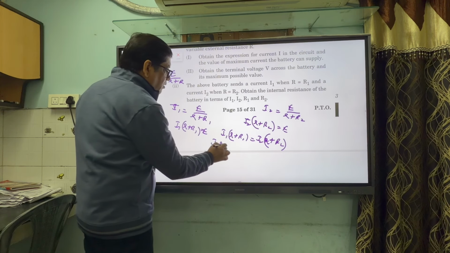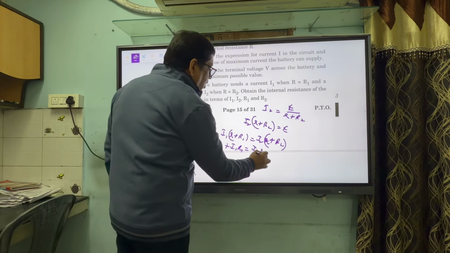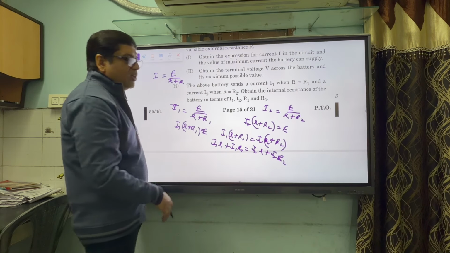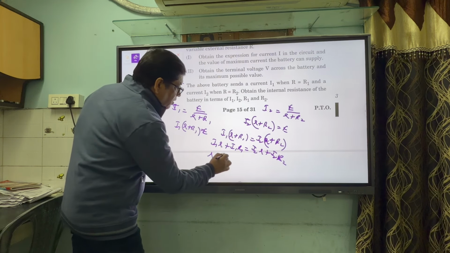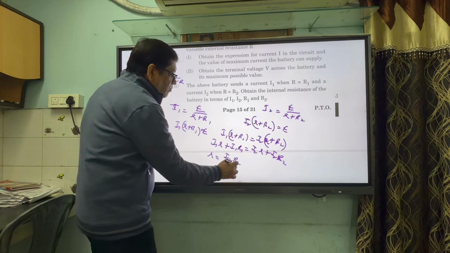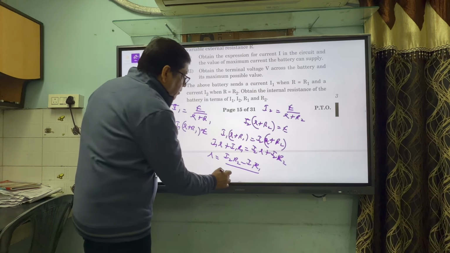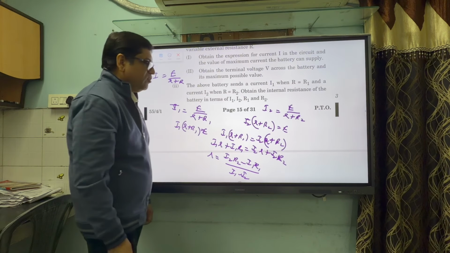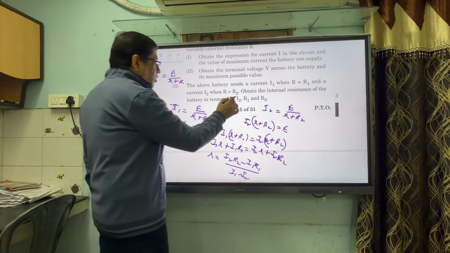I1 r, I1 R1, I2 r, I2 R2. Take the r terms on one side and then solve. So we'll get r equal to (I2 R2 minus I1 R1) divided by (I1 minus I2). That will be the answer: internal resistance in terms of these four quantities.